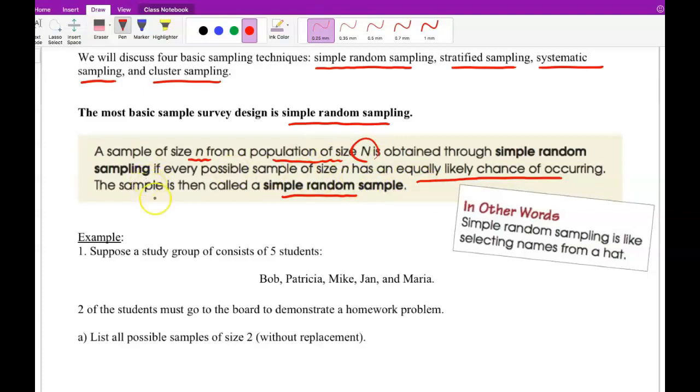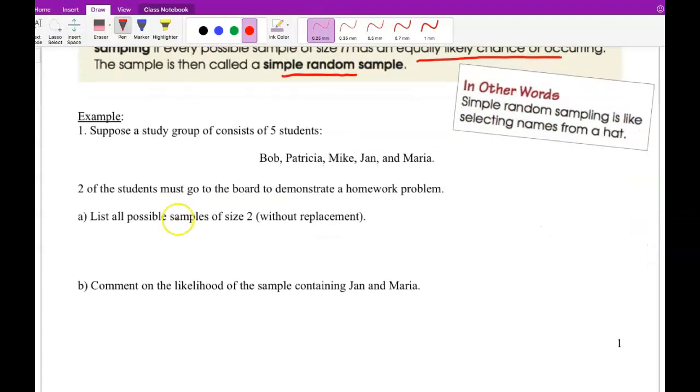Now example number 1. Suppose a study group consists of 5 students. Here we have 5 students, and we have a list of their names. 2 of these students must go to the board to demonstrate the homework problem.